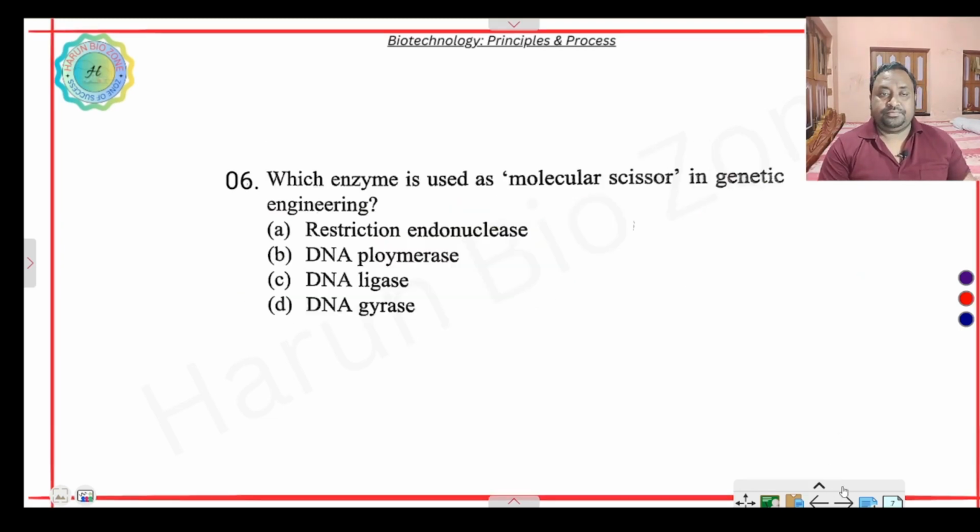Next question. Which enzyme is used as molecular scissor? Molecular scissor means the enzyme that cuts the DNA fragment at a specific palindromic sequence. So here restriction endonuclease is the molecular scissor. DNA ligase is molecular glue.